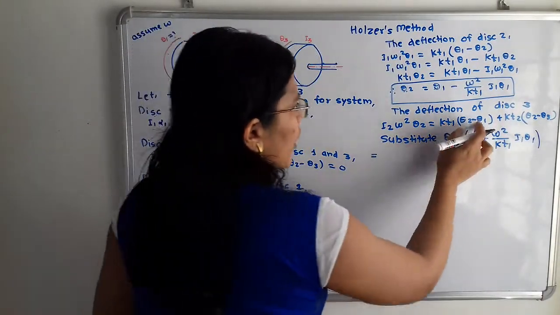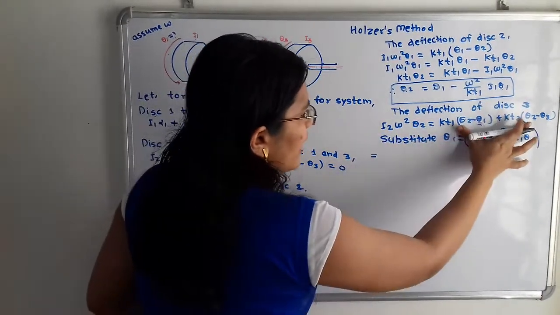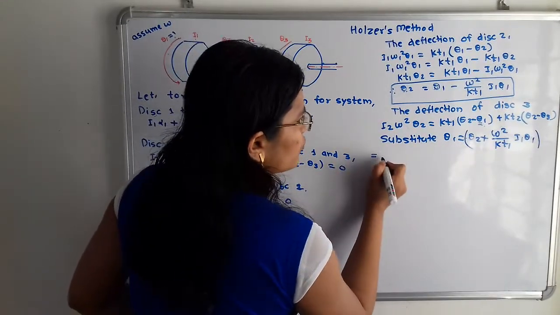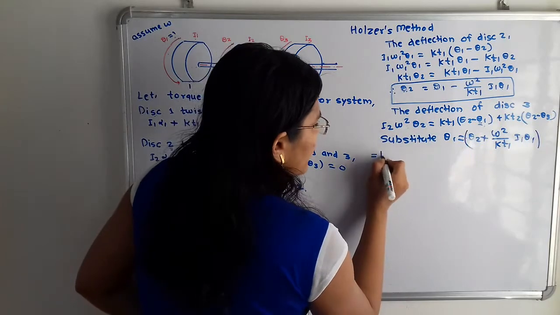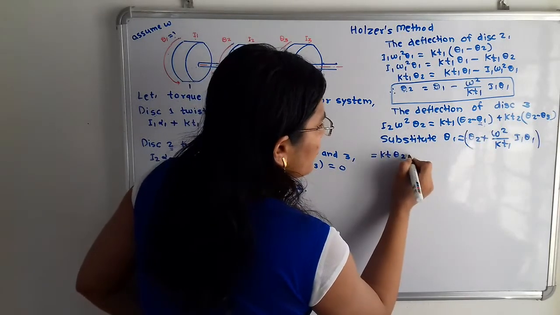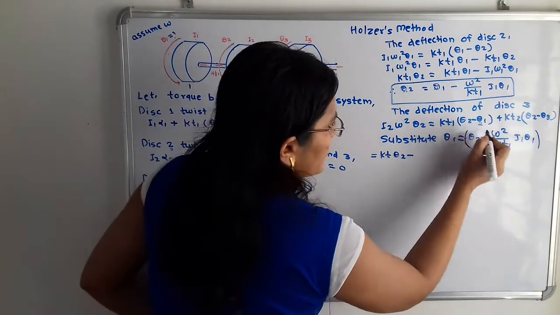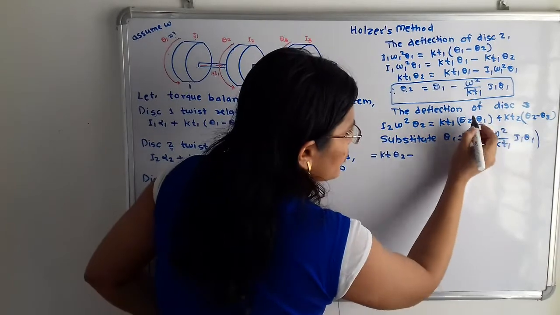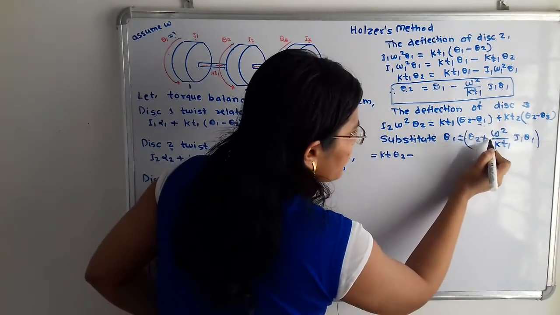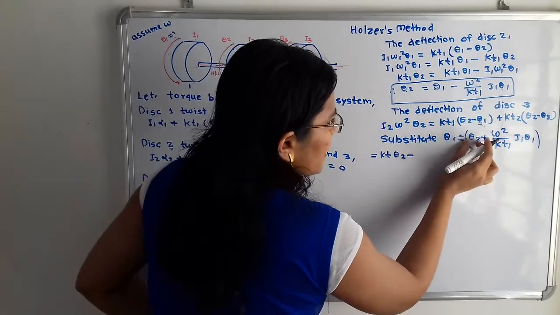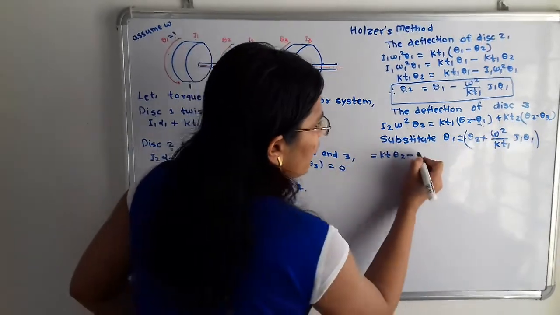So how do we have to simplify this? We are going to simplify only the right hand side. So I am writing here is equal to, now kt1 into theta 2 minus kt1. Now instead of theta 1 we have to write this. So this minus sign will get multiplied inside, and this kt1 we also have to multiply with these two terms. So what is the formula?